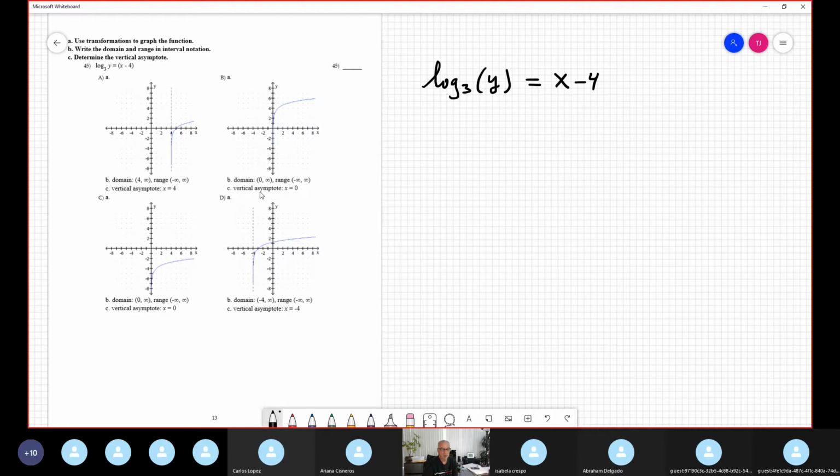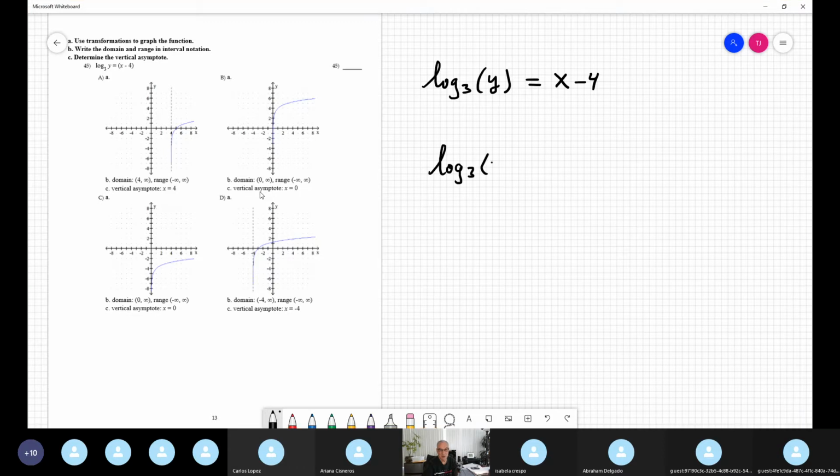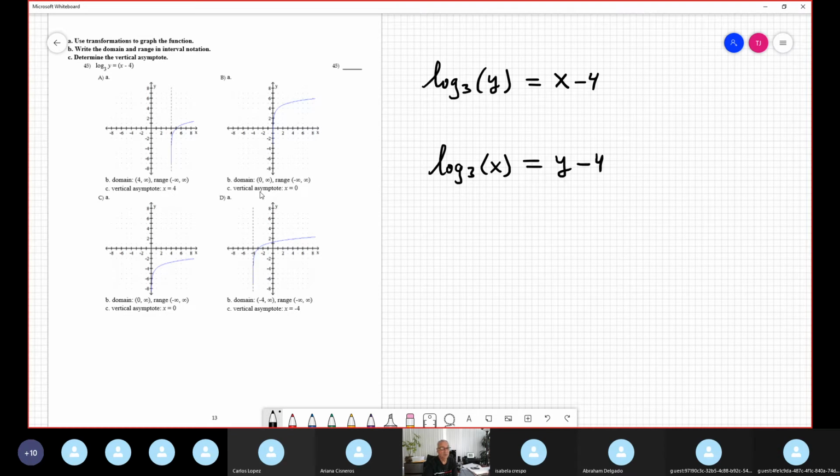And actually, it's weird here because no. Okay, this is not good. This is actually logarithm base 3 of x equal y minus 4. Okay, because if you have y inside, the logarithm is exponential, and this graph does not correspond with the exponential. Something is wrong.